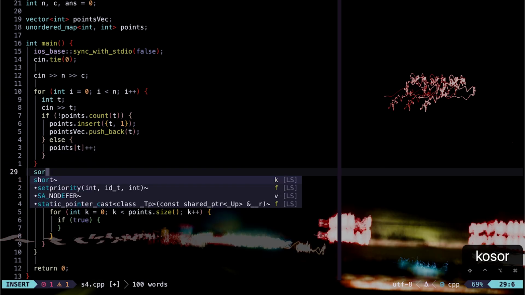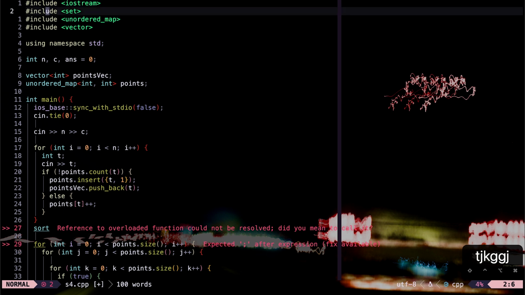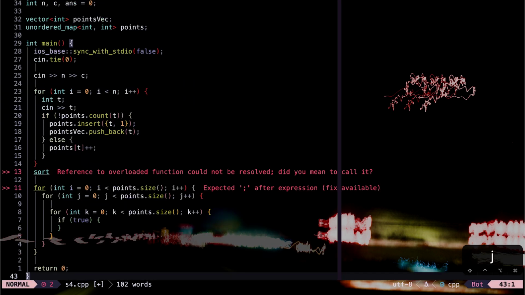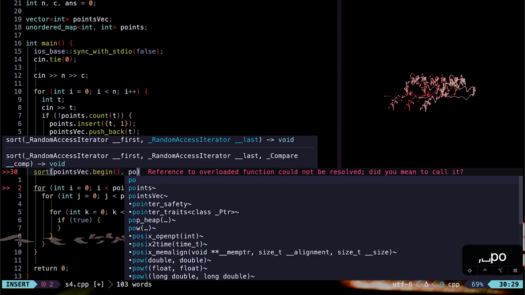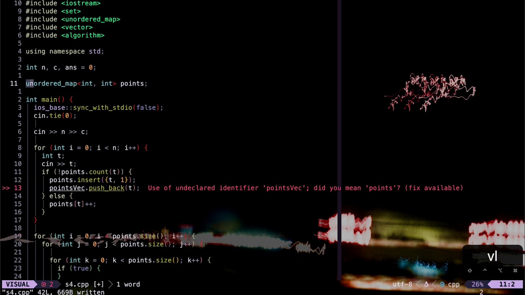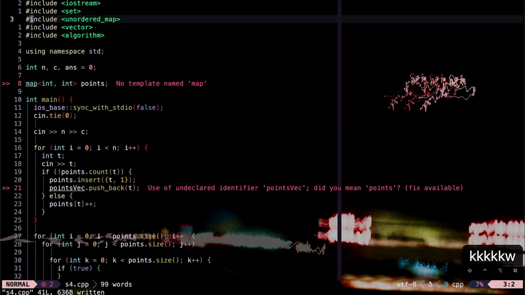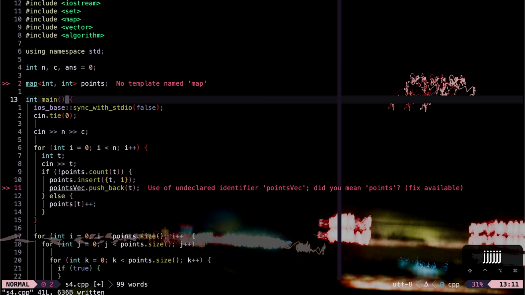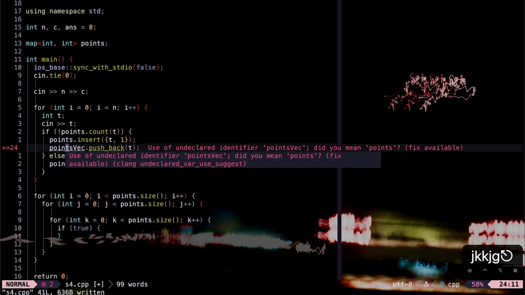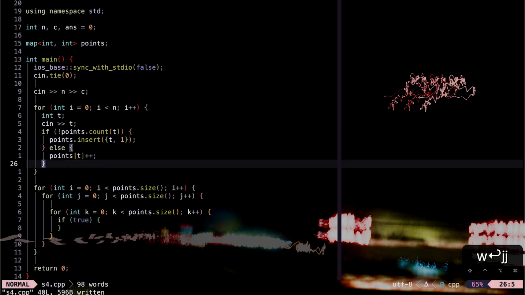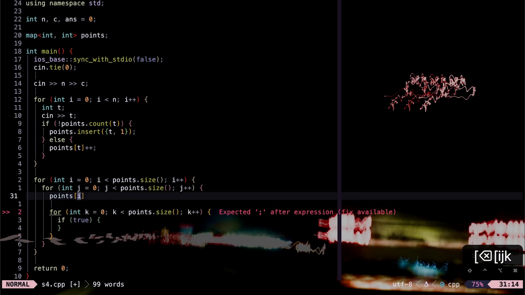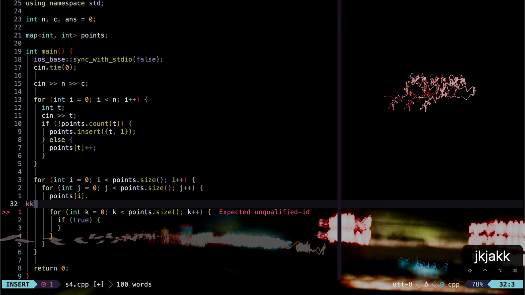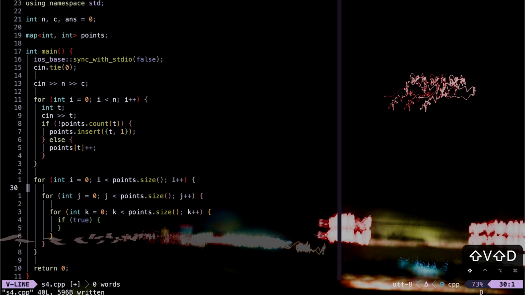Let's sort this. Points vector begin. Oh, or we can just, this is about the same.